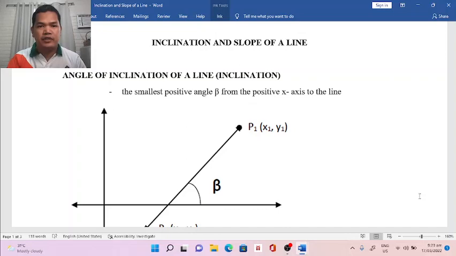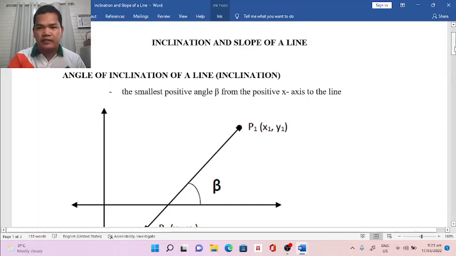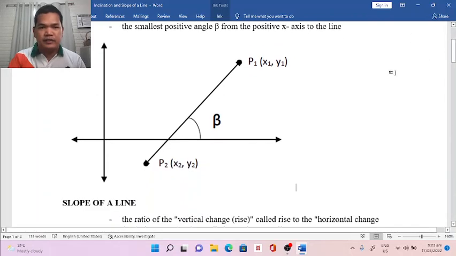Angle of inclination of a line, or simply inclination, is the smallest positive angle beta from the positive x-axis to the line. As you can see in this figure, we have two points that make a line.